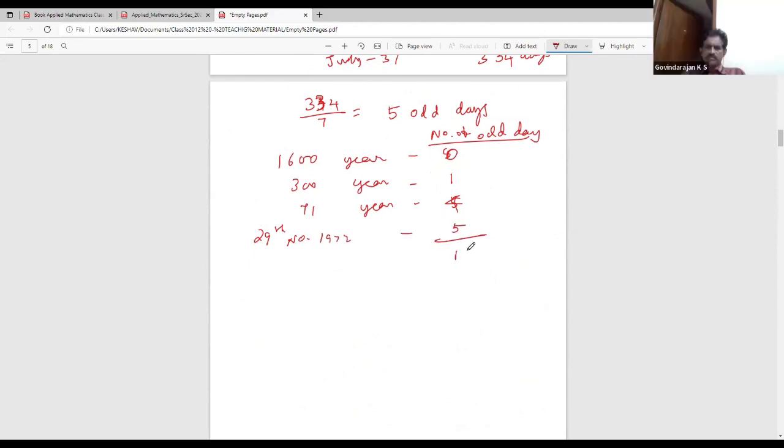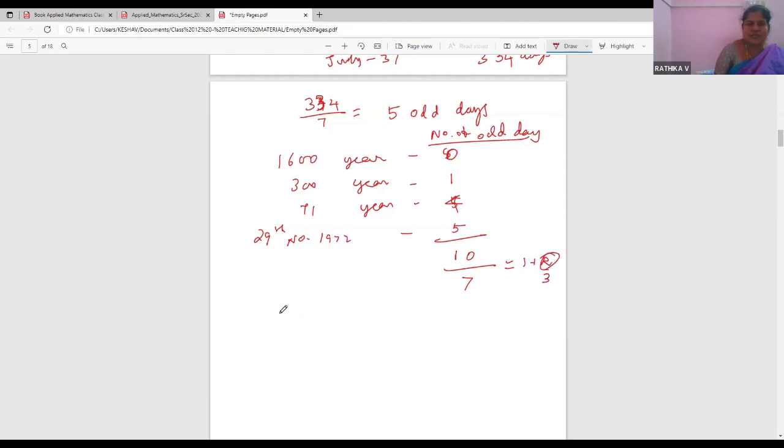So totally you get 10. This 10 is more than 7, so you have to divide by 7. The quotient is 1 and the remainder is 3. The remainder alone we have to see. So finally the number of odd days here is 3.